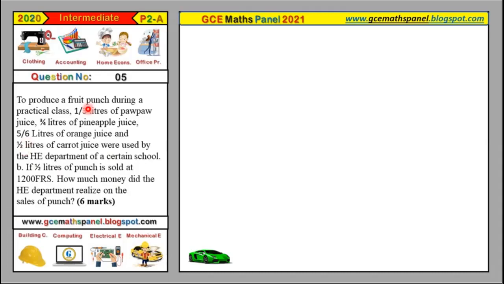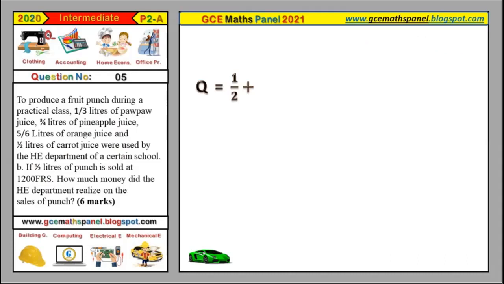So to produce fruit juice during practical class, when you add the pawpaw, which is 1/3 liters, to pineapples, to orange, to carrots, and so on, these fractions of liters will add up to give us the actual number of liters that we'll have at the end. So the first thing is to do addition of the fractions.